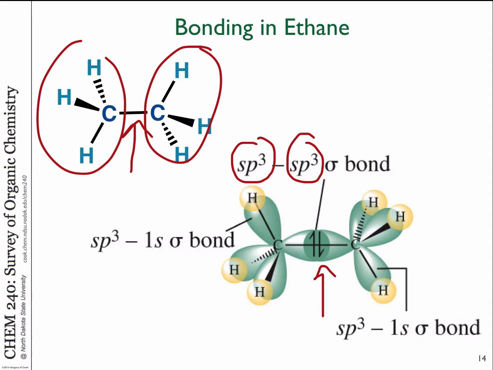Okay, so that is an sp3-sp3 bond. When we have this sort of end-to-end overlap of orbitals, that type of bond we refer to as a sigma bond.